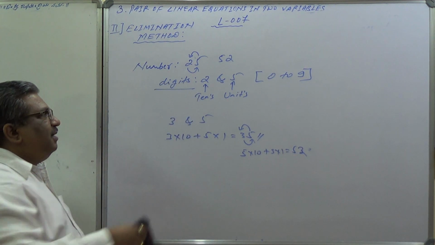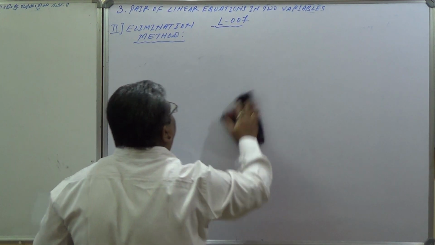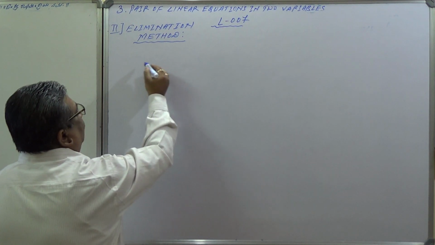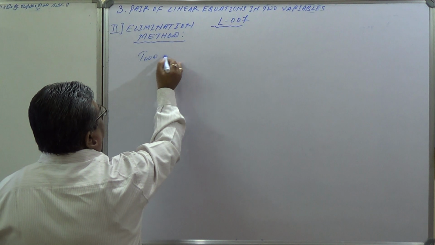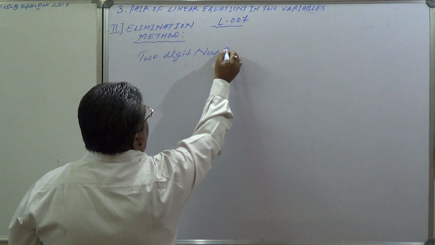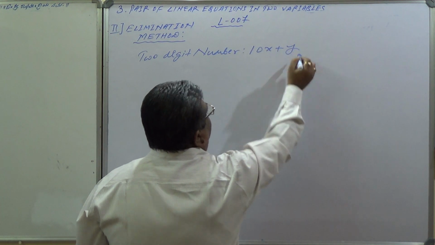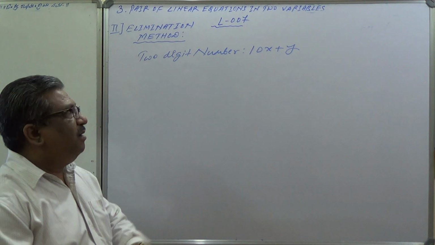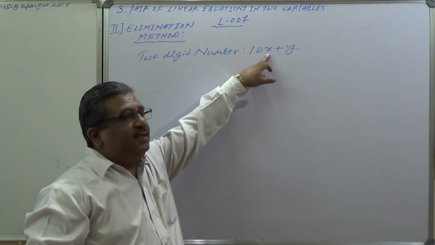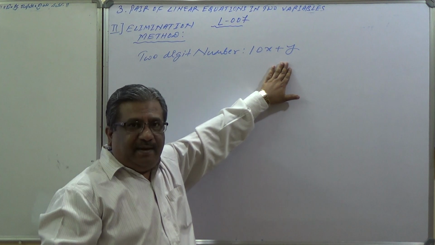So, let me once again talk a little bit on this, a 2-digit number. In terms of variables x and y, a 2-digit number is represented by 10x plus y. Y is the digit in the units place, x is the digit in the tens place, and hence the number is 10x plus y.